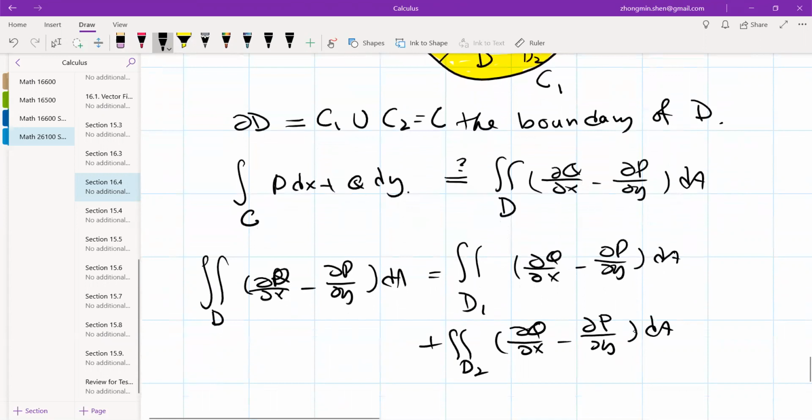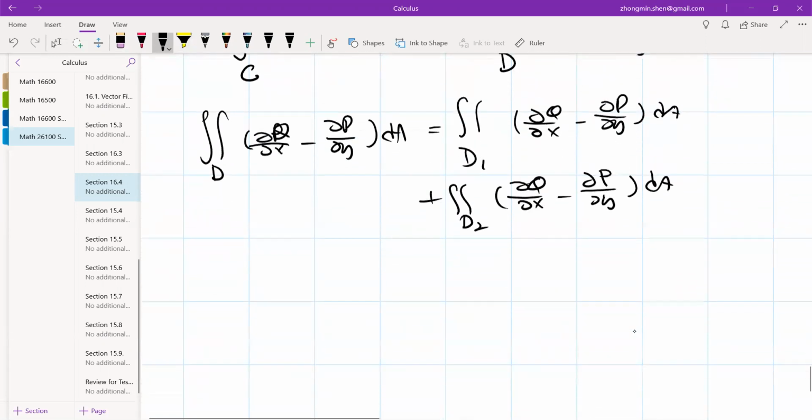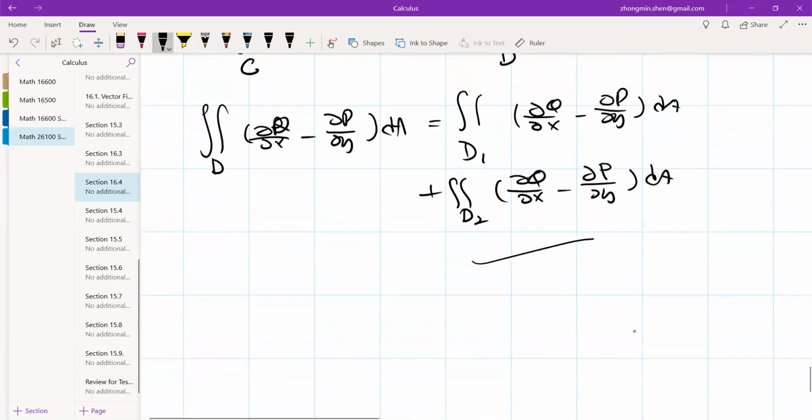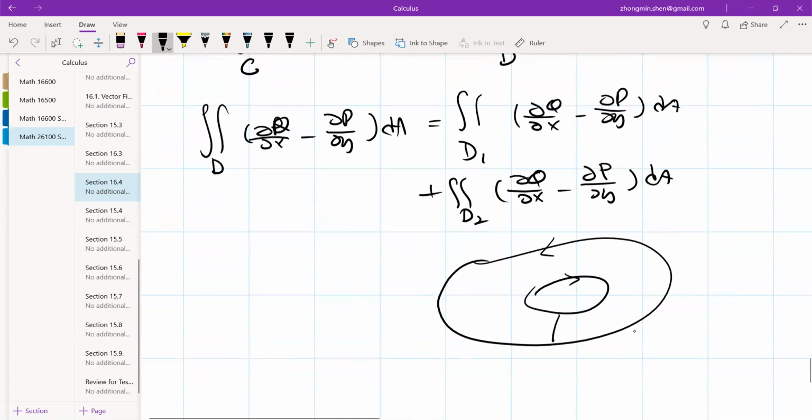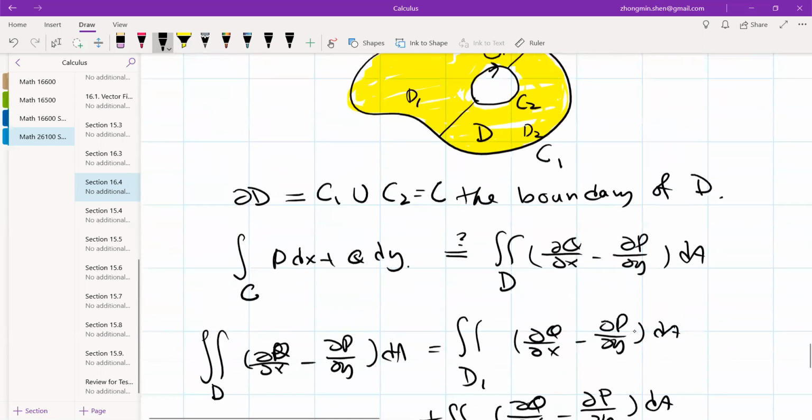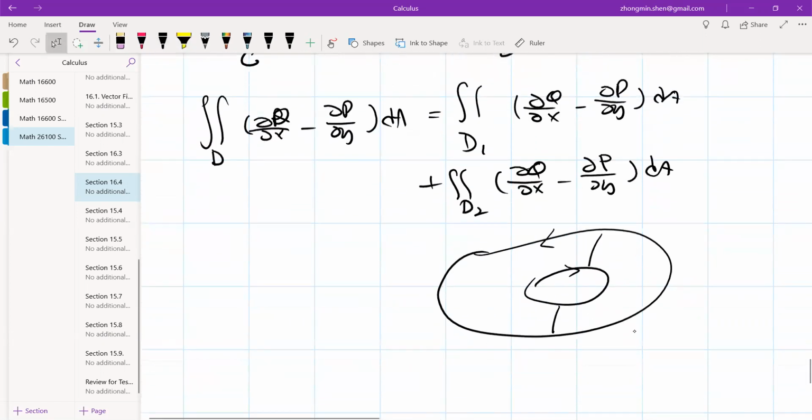Okay. But for each double integral, look at this. Let me draw this picture again. Here's a cut, right? So that's D1, that's D2. So what I'm going to do is, D1 is simply connected. So this is going to be the integral from here.